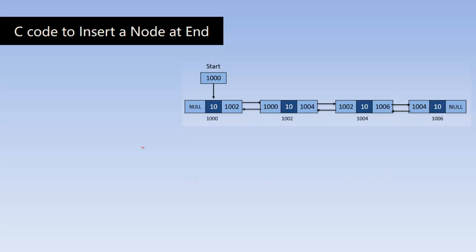And now we'll see how to insert a node at the end. Let's imagine this situation. Now I'm going to insert a new node at the end of this list. And there may be two cases. First case is maybe this is null, or there may be one node, or there may be several nodes, right? Insert at end. I'll create two variables here.